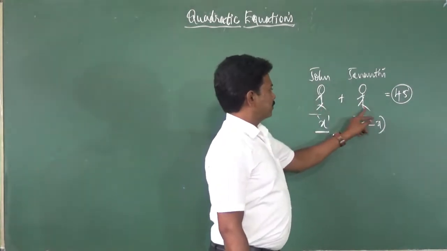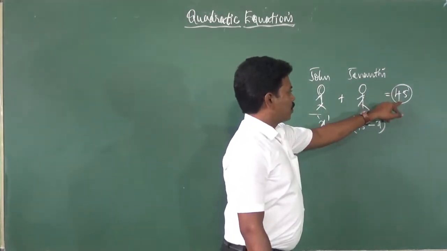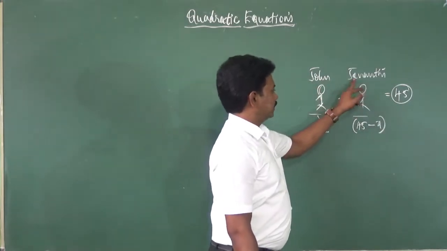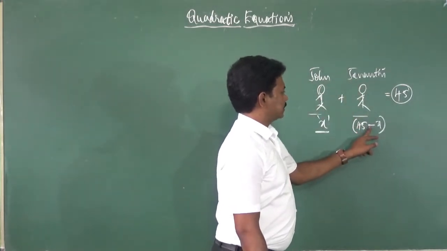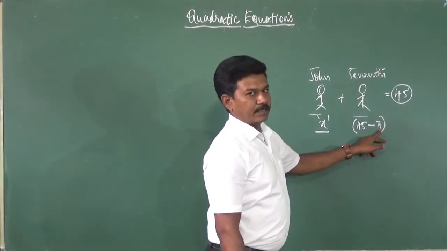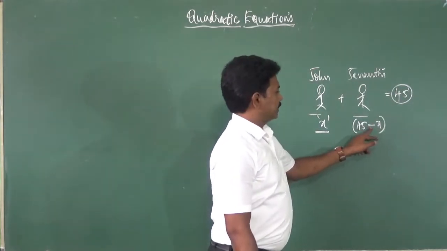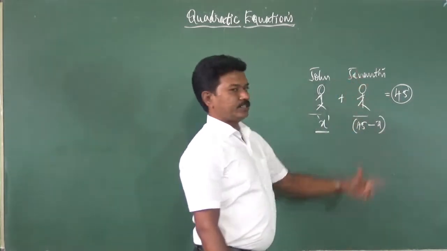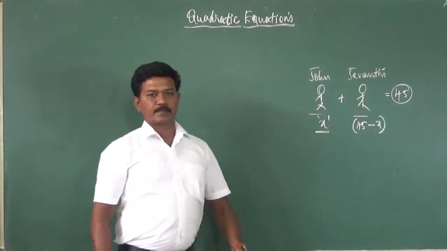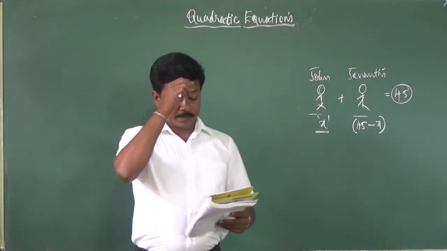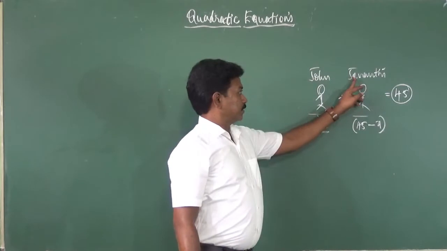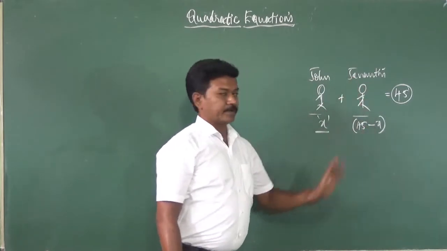So total number of marbles is 45, and among those 45 marbles John has x marbles, then Jivanti has 45 minus the number of marbles with John. This is how you have to guess, right? So now at present the number of marbles with John is x and with Jivanti is 45 minus x.